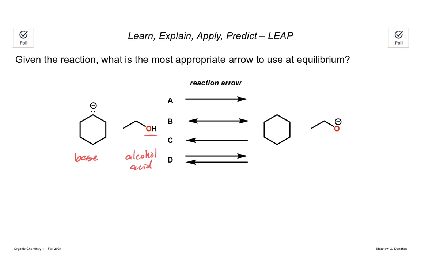On the product side, we have this negatively charged oxygen. That's called an alkoxide. That's going to be a base. And then we have this alkane, which is just CH bonds. That's going to be an acid.